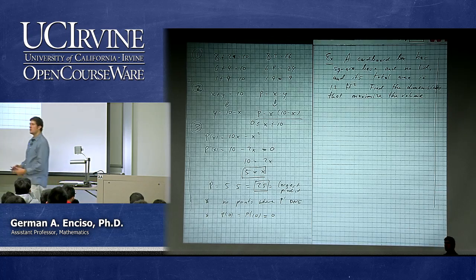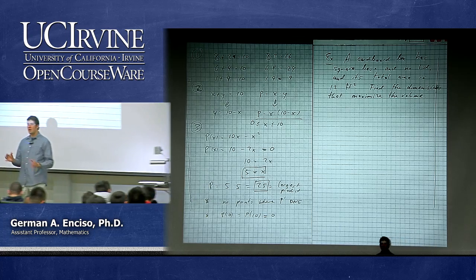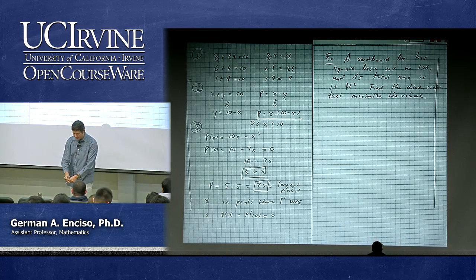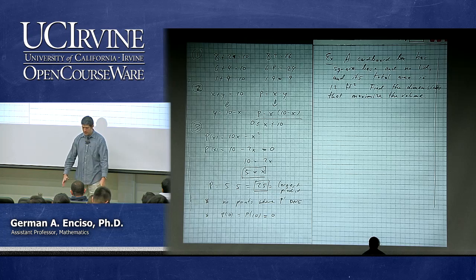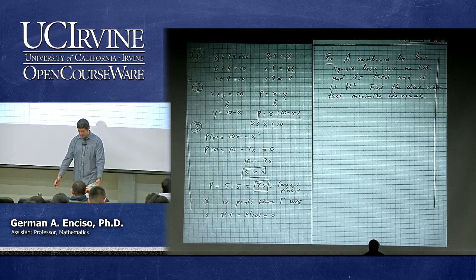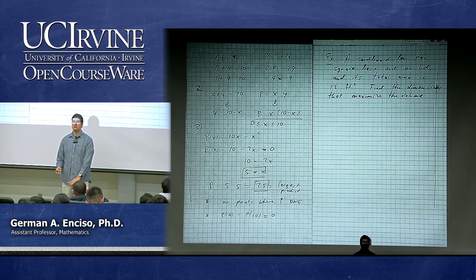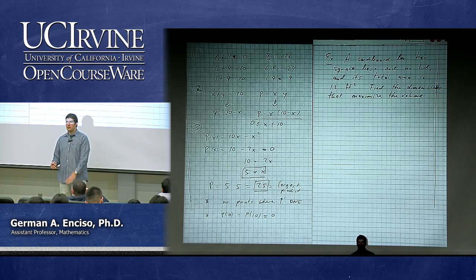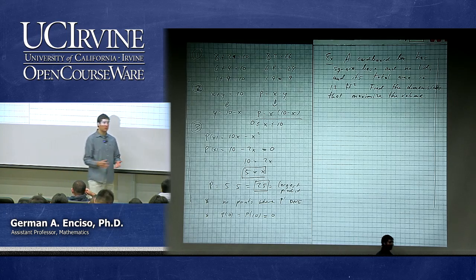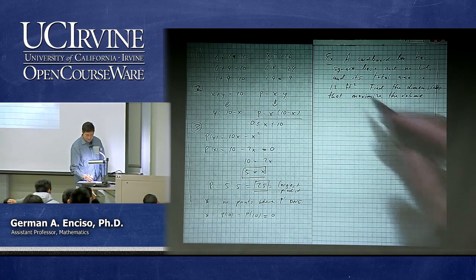Okay, so let's think about it. We have a cardboard box. Cardboard box is a box, right? It's made out of cardboard and it has no lid. So it's really only the sides and the floor. Okay? No lid. Moreover, you know that it has a square base.